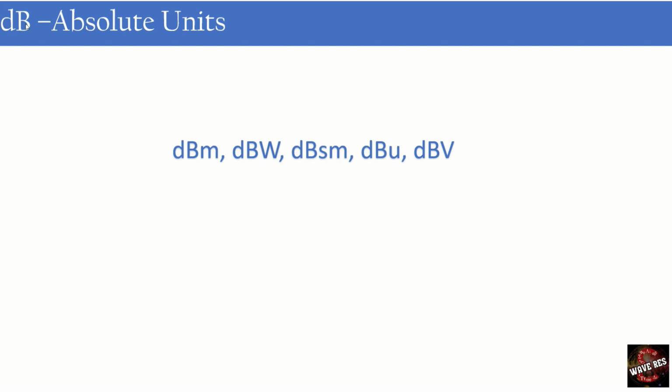We saw that dB is a relative unit. So if we specify dBm, dBW, dBsm, dBu and dBV, these will become the absolute units, because we will always be specifying the reference values, and based on that the values will be calculated, and these will be the absolute scaling.